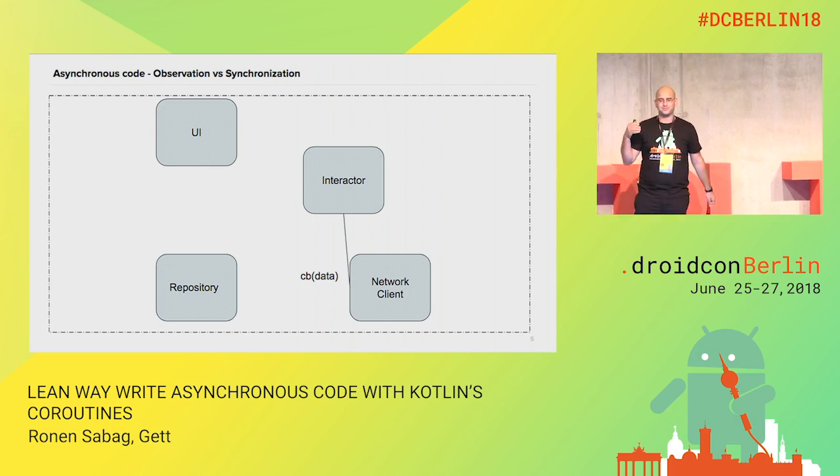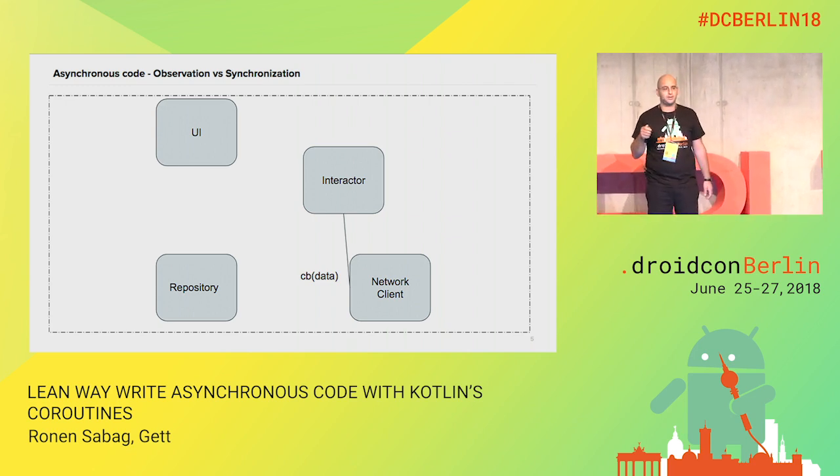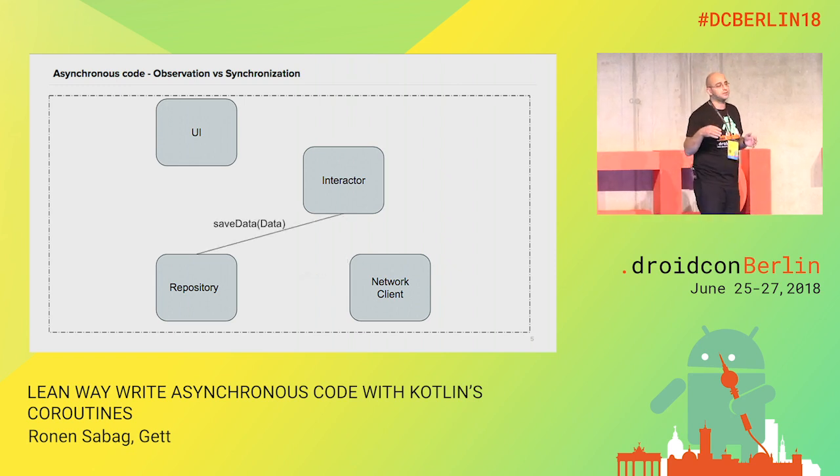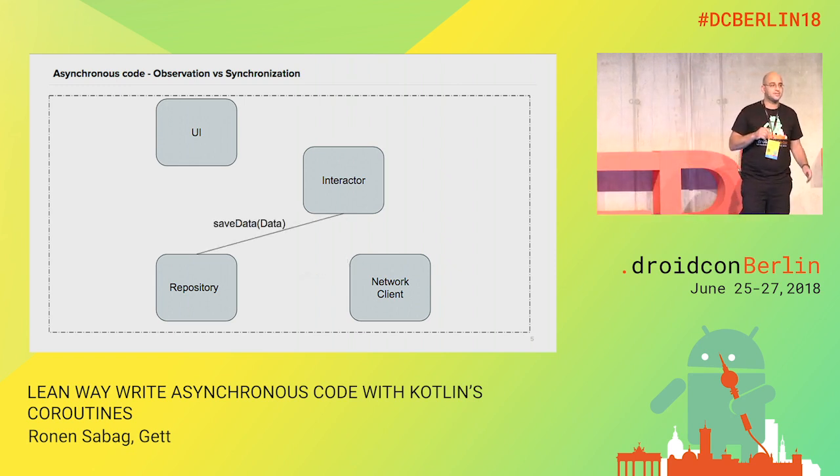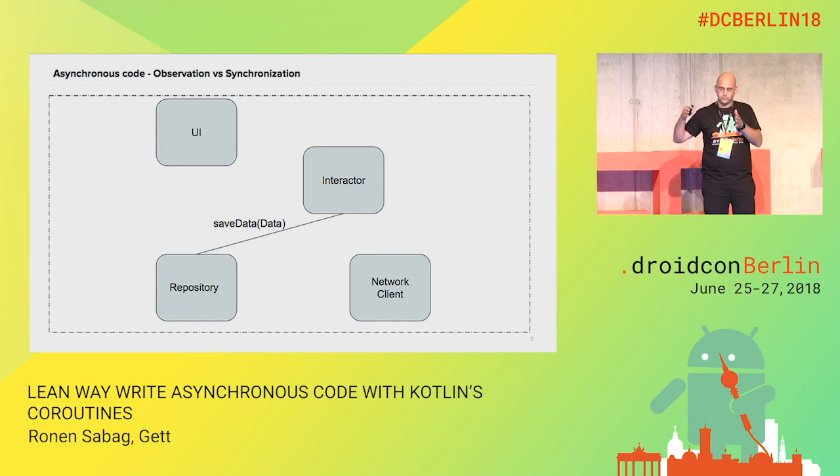It's going to call first to the interactor to give it back the data that it took from the network, and then the interactor is going to put it in the repository. So it was a synchronization between the work: first of all, I need to actually get the data from the network, and only after that I can put it in the repository.